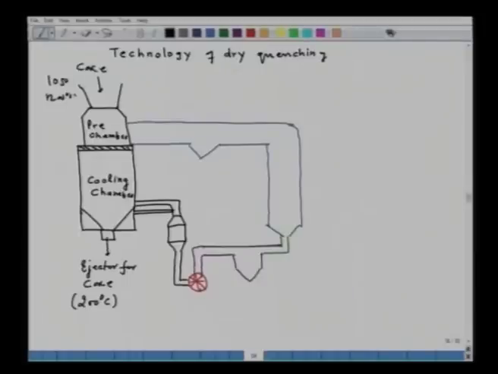This is the primary dust catcher, where the gas flows and the dust is eliminated, and this is the boiler.